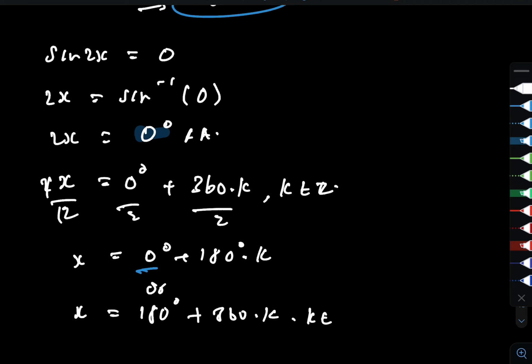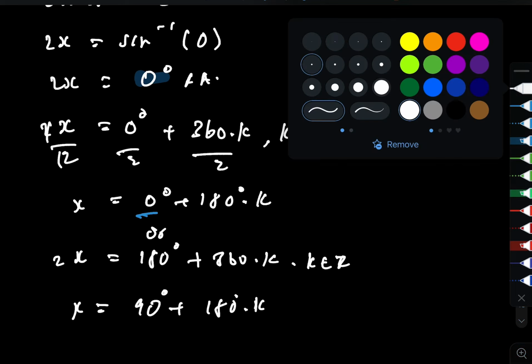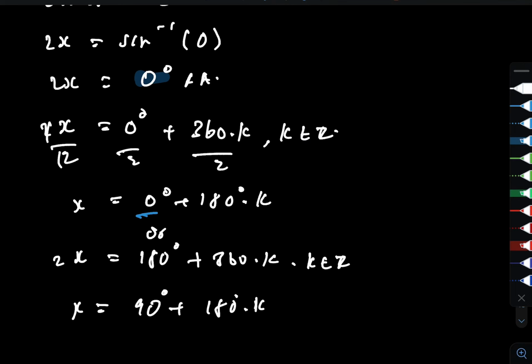All right, and then 180 degrees, obviously if we take 180 degrees and divide by 2, because we're going to have a 2x here, that's going to be 90. So the x is going to be 90 degrees plus 180 degrees times k. Now taking the other one, we're going to have a similar situation.